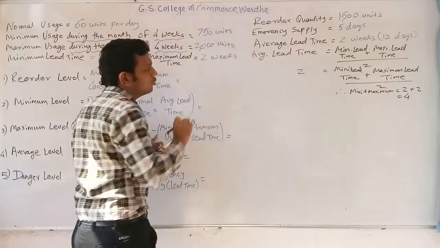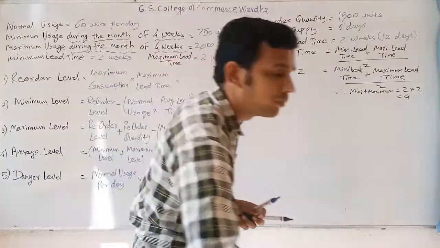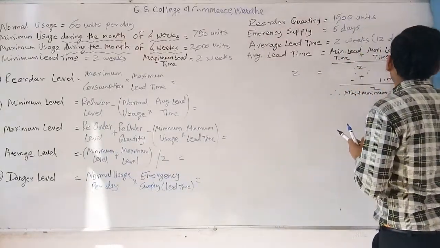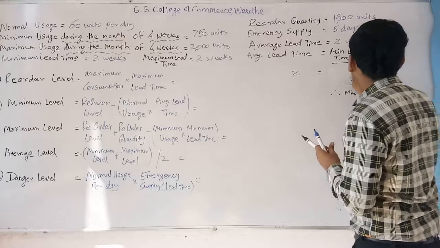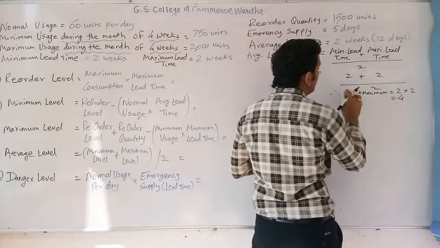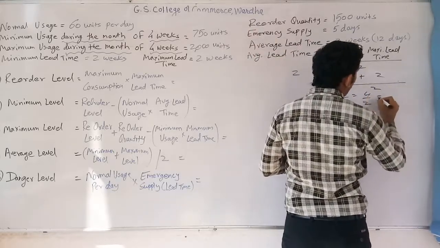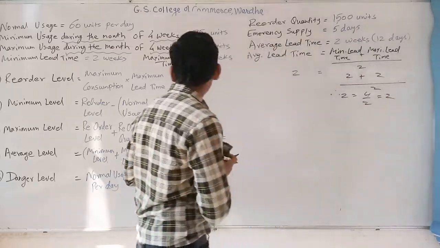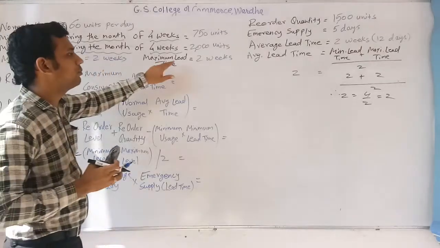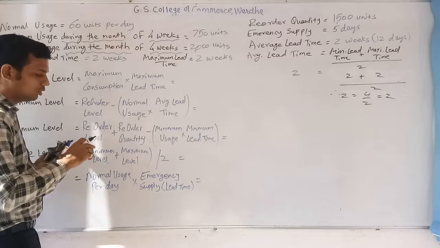When we put these values in the formula, minimum plus maximum divided by 2, we check the answer we have written: 2 plus 2 divided by 2, that is 4 divided by 2 equals 2. Hence it is clearly a proper assumption that the minimum lead time would be 2 weeks, whereas the maximum lead time would also be 2 weeks. This is the relation with the question.